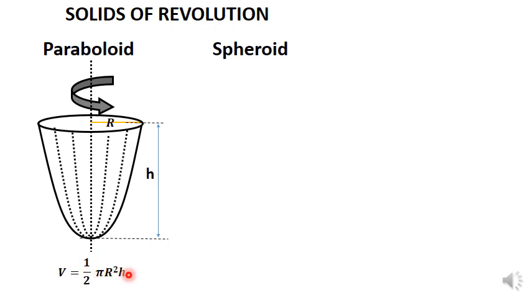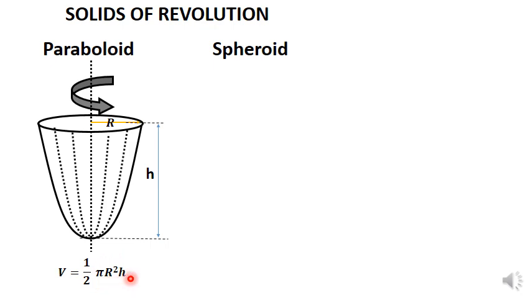Take note that the volume of the paraboloid is just a fraction of the volume of the cylinder enclosing it. The volume of the cylinder is pi r squared h, meaning if there is a cylinder enclosing a paraboloid, the volume of that paraboloid is half of the volume of that cylinder.